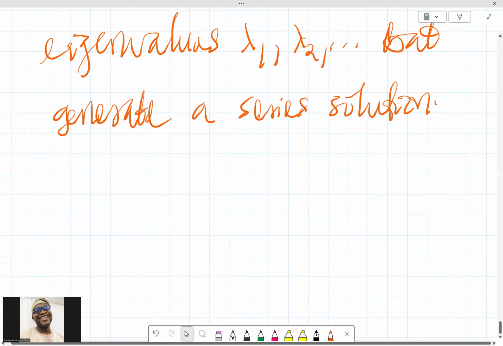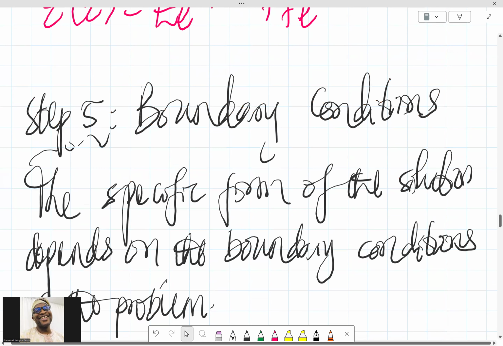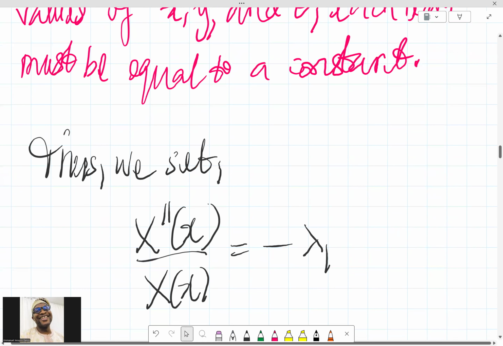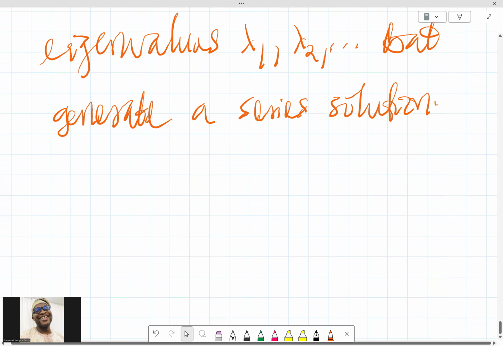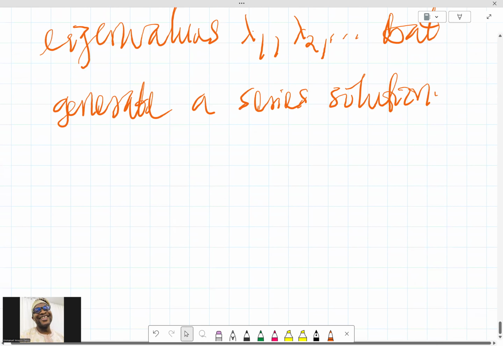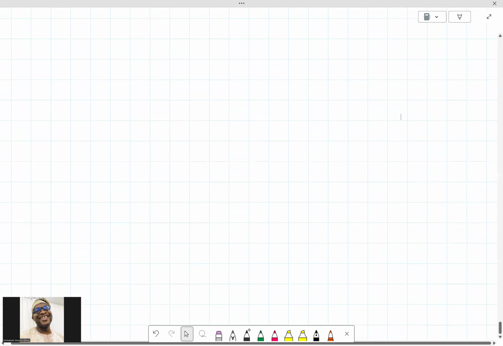Okay. All right, so that's the end of separation of variables for Laplace equation. But of course, in the future, I think we're going to be seeing Laplace equation with different kinds of boundary conditions. But for now, let it suffice this way.